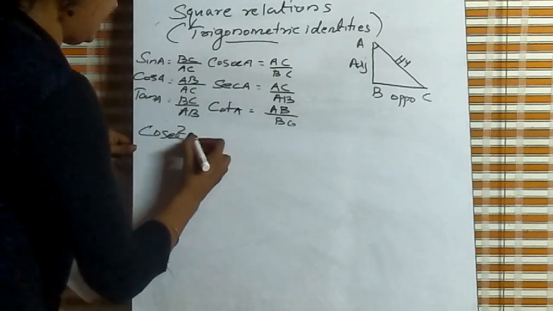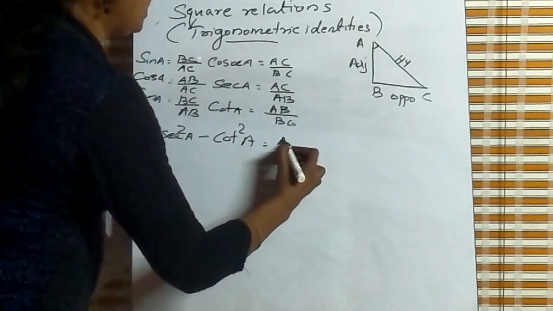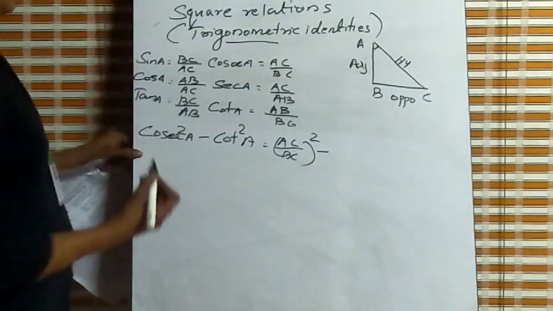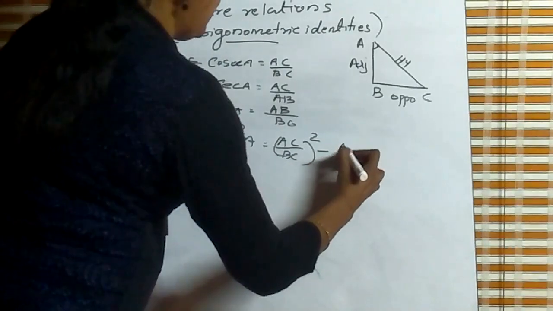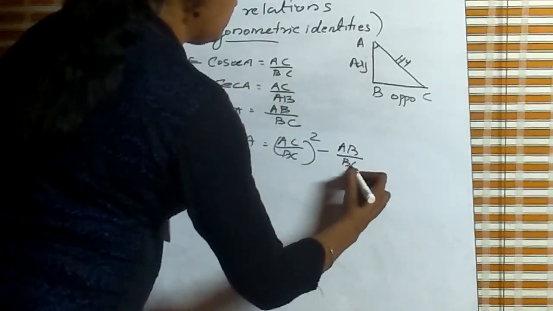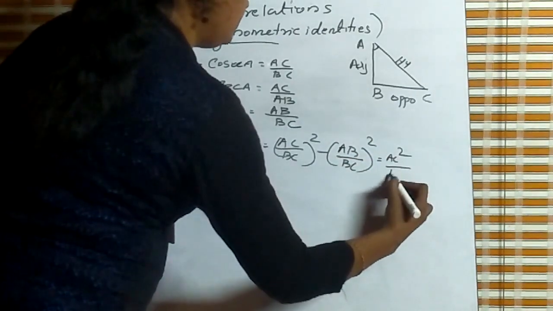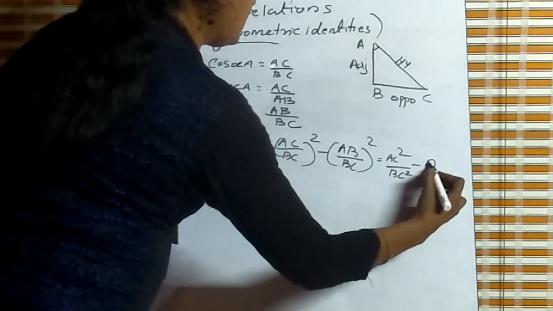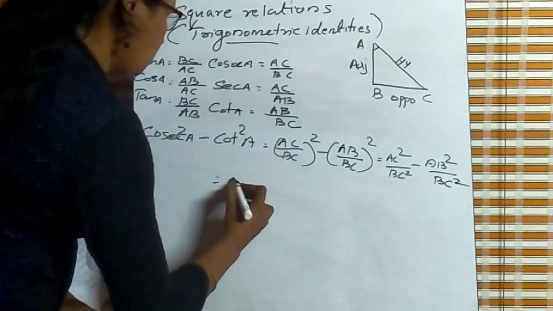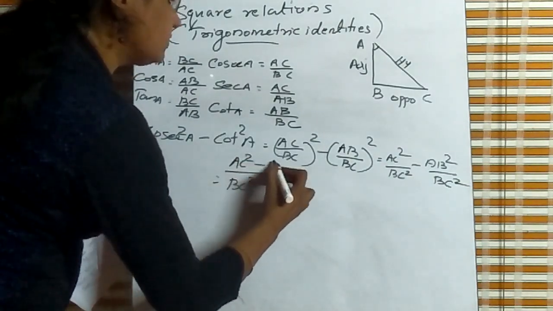Cosec square A minus cot square A. Cosec square A is (AC by BC) whole square minus cot square A, (AB by BC) whole square, equals AC square by BC square minus AB square by BC square. Here the common denominator is BC square upon AC square minus AB square.